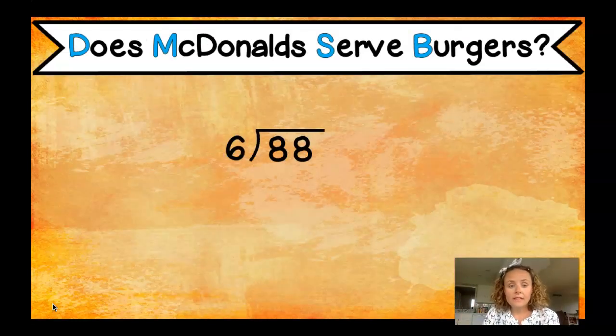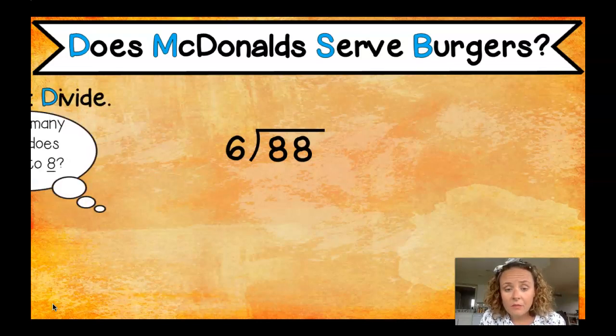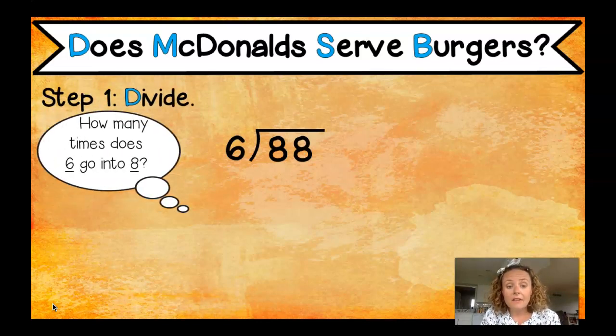Here we go. Let's see how this works. 88 divided by 6. If I had 88 cupcakes, and I was dividing them among 6 families, how many cupcakes go to each family? Let's begin with divide. How many times does 6 go into 8? Now, you probably think I'm talking about the 8 in the ones place, but like I said, I'm not. I'm talking about the 8 right here, this 8.